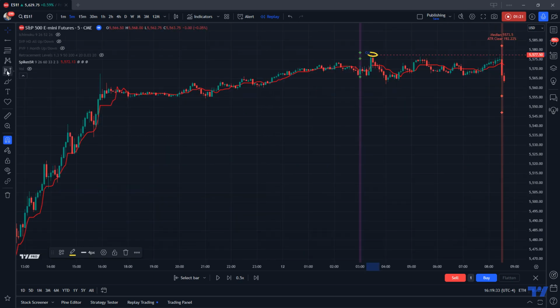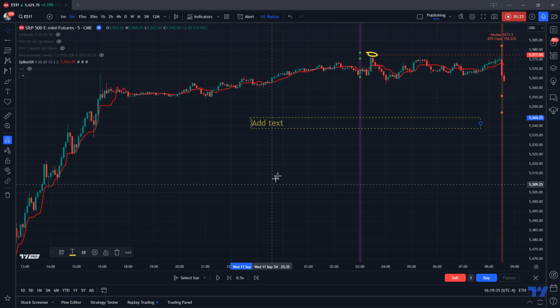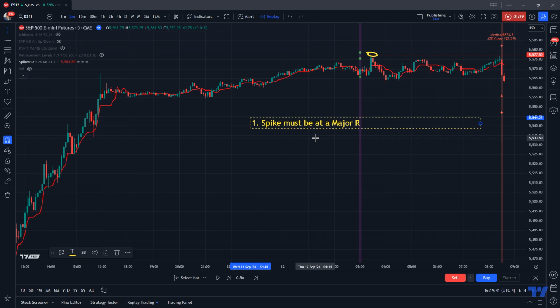The main things, we're going to write out my rules here. Spikes must be at a major SR. That's really key. The types of SRs are going to be highs, high lows, major high lows, and also I look for 50% retracements.